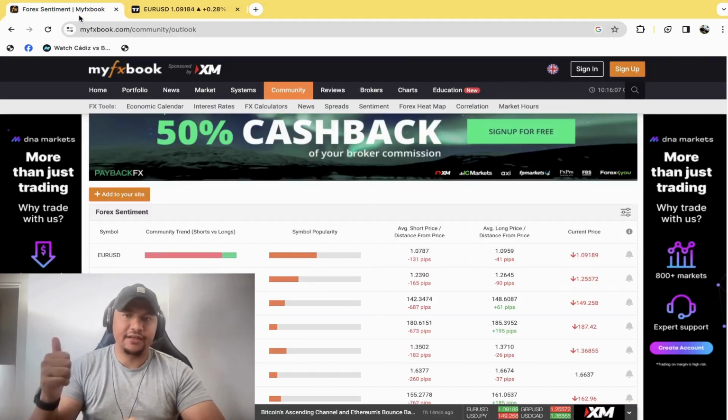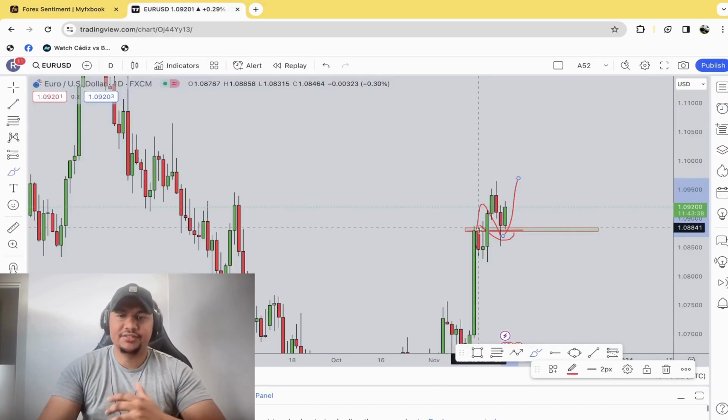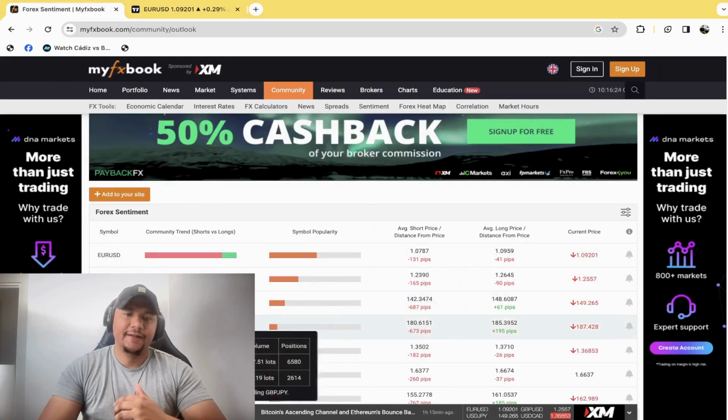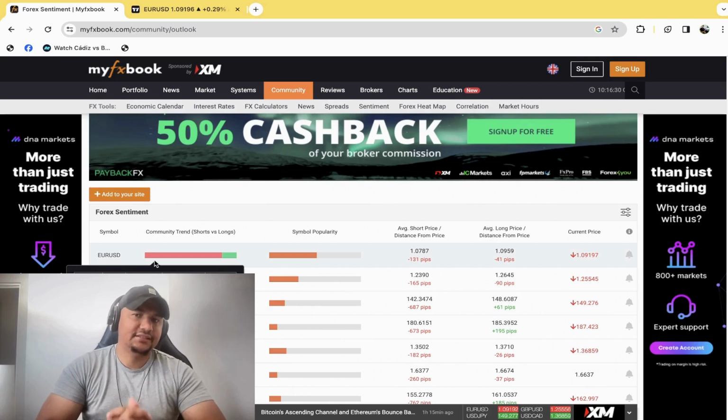So based on the fundamental data, with the Fed not going to hike the interest rate, we get a weaker dollar index. Then we look at the technical analysis, and we can see that the market broke above the resistance and tested it as support. You can obviously expect that continuation. And then you look at the retail sentiment, and you can see how incorrect 84% of these traders are. Hopefully 84% of them watch the video.